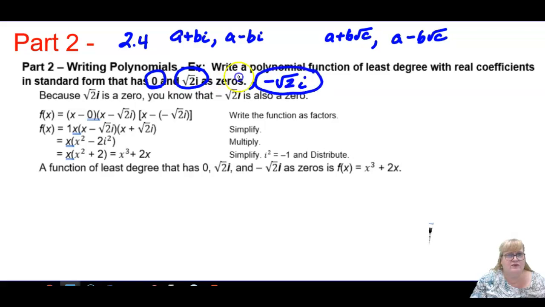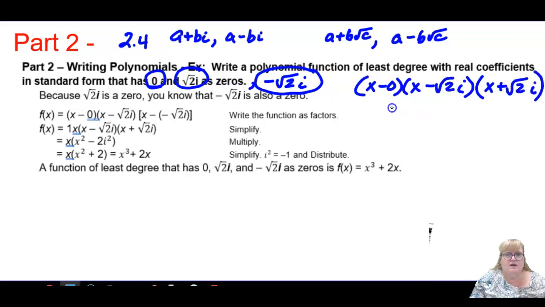So there's our 3 zeros. Then if we write them all as linear factors, and the i is not under the radical, by the way, x minus negative square root of 2i would be plus. All right, then what it says is they have to have real coefficients.